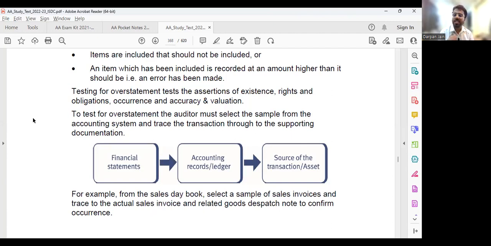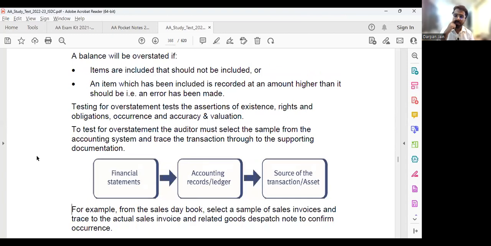Like we took a balance sheet item, fixed assets, that is why existence was the assertion we were testing. Since they have taken a P&L item, a transaction or event like sales, occurrence is coming instead of existence. Great.